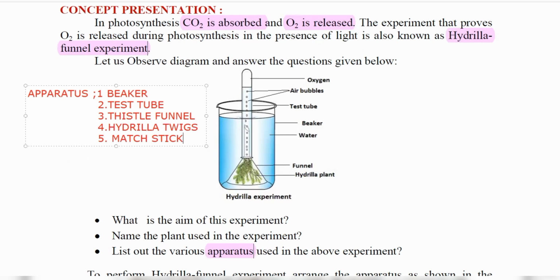So these are the main apparatus which we need to conduct the experiment: beaker, test tube, thistle funnel, hydrilla twigs, and matchstick.